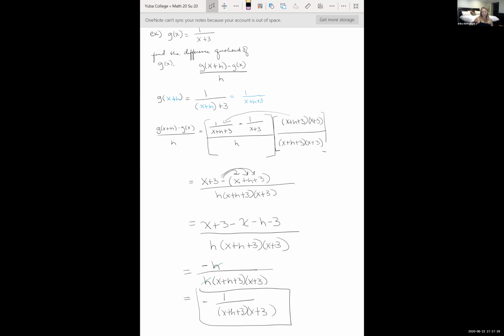Okay, so that's something we didn't really talk about or go over was complex fractions, but that also should be a review on how to simplify complex fractions. You'll see these a lot in calculus and have to manipulate them to get the form you want.